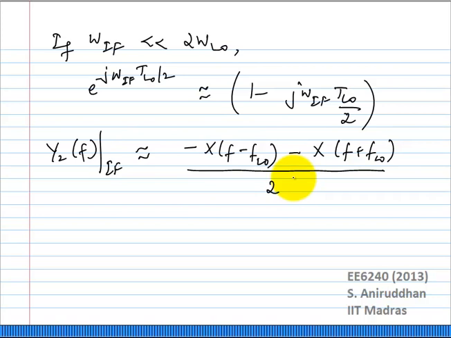So now we have found out y1 of f and y2 of f. We just need to find out y of f, and more importantly we are interested in the magnitude of it at the IF port, and because there is a phase shift of 90 degrees for one of them, we'll take the square root of the sum of the squares.